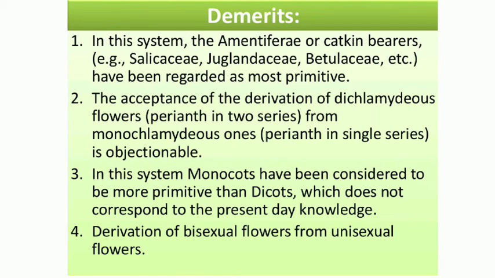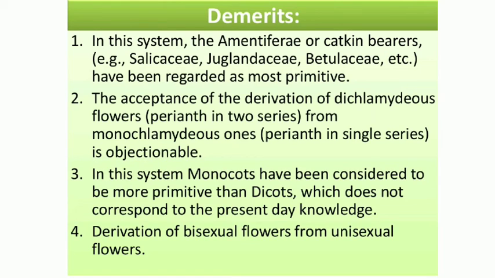They thought that the dichlamydeous and monochlamydeous flowers are separate, but they are not actually separate. Just they have perianth in 2 series, dichlamydeous, perianth in 1 series, monochlamydeous. It is objectionable by many botanists.